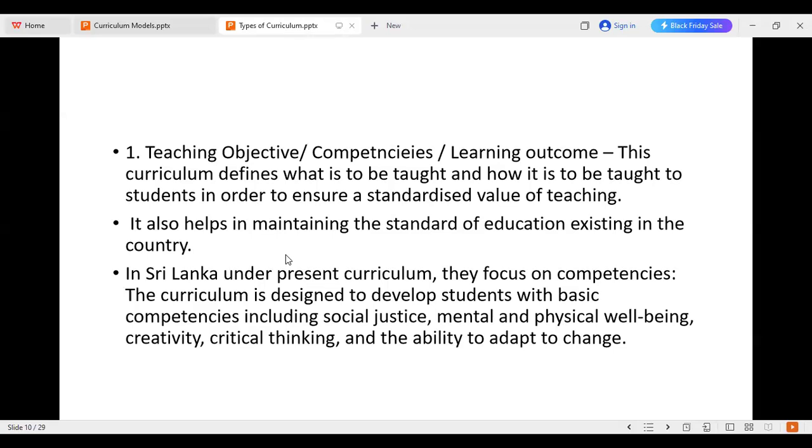Teaching objectives are no more in use, but in our teacher guidebook we can see competency levels and learning outcomes. The most popular one is learning outcome.